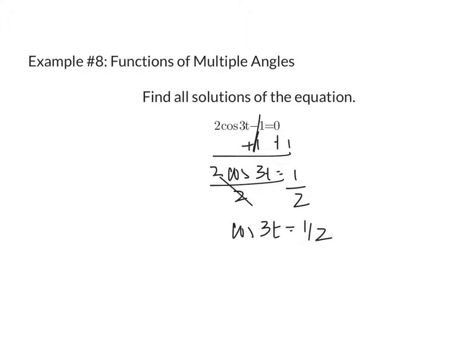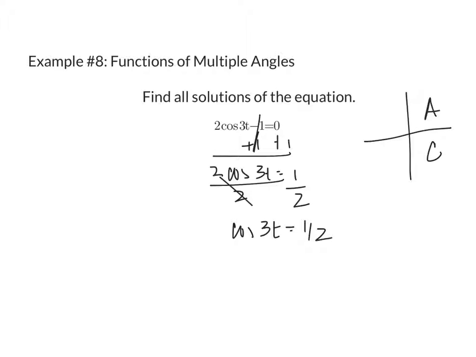As we've done before, if this had been cosine of t equal to 1/2, we know that we would be talking about a 60-degree angle, right? So let's talk about that first. Where's cosine positive? Cosine is positive in the first and the fourth quadrant.